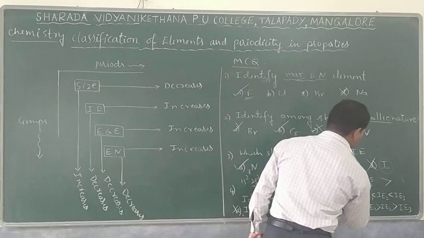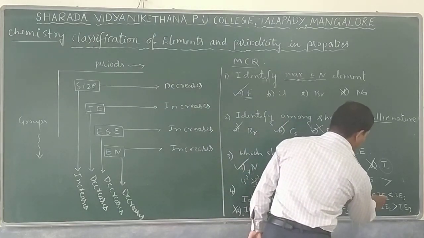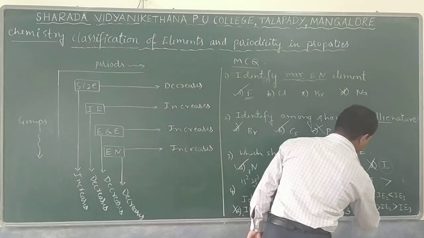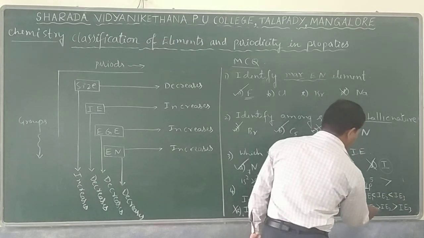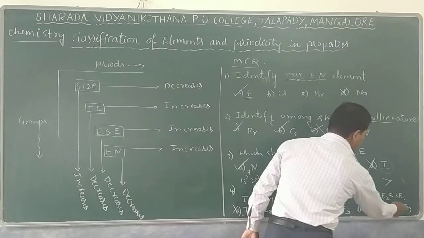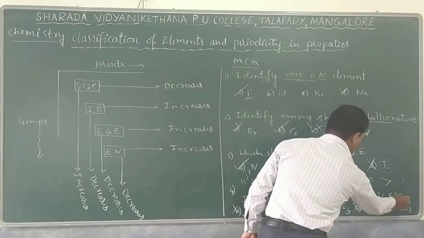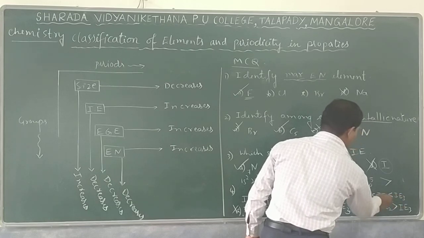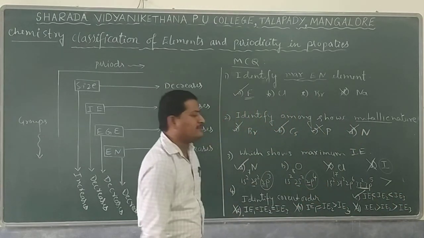In C, the first ionization energy is less than the second, which is less than the third, so C is correct. In D, the first is given as more whereas the third is less, so that is wrong. Actually, the third ionization energy is more than the second, which is more than the first. So C is the correct answer.